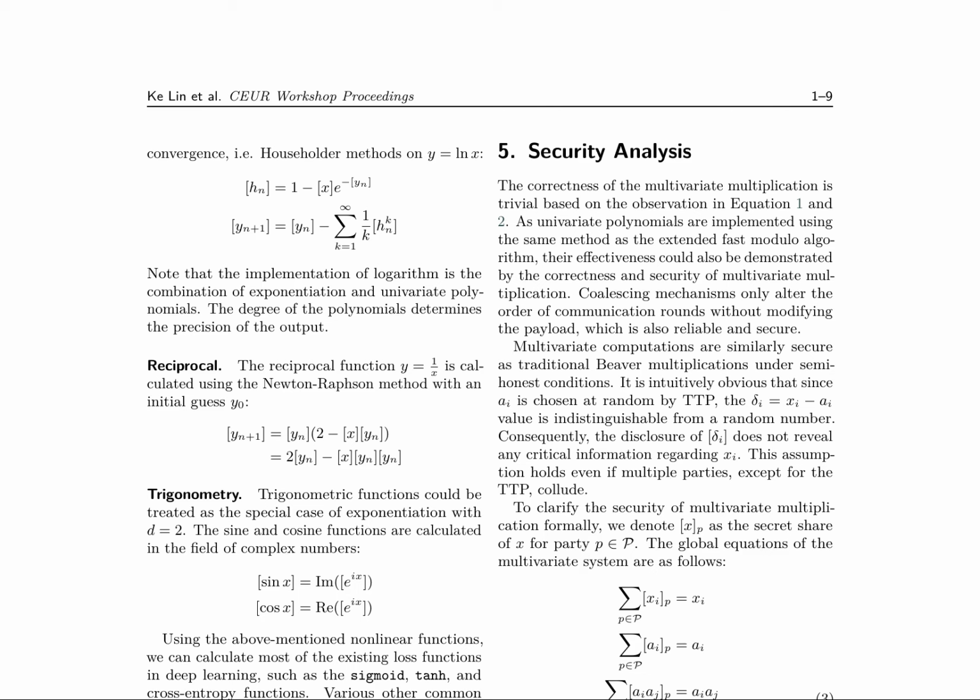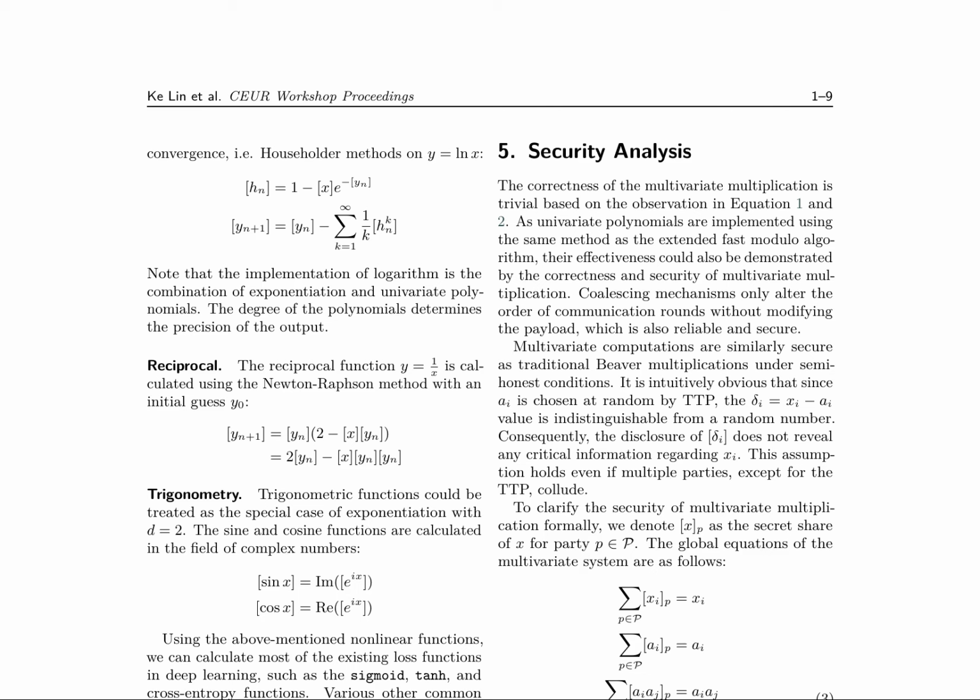The authors implement basic math operations within a secret sharing computation framework, including logarithm, reciprocal, and trigonometry functions. The logarithm function is computed using Householder methods, which involves orthogonal transformations to tridiagonalize a matrix, enabling efficient calculation of logarithmic values. Meanwhile, the reciprocal function leverages the Newton-Raphson method, an iterative approach that converges to the reciprocal value through successive approximations.